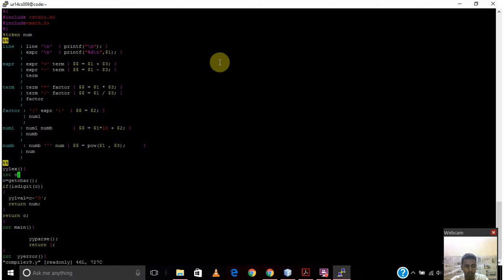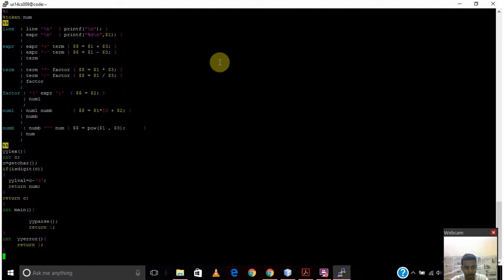Then I'll be using my yylex function. In this I'll be getting a getchar value, and I'll check if it is a digit, then yylval is equal to c minus '0', and I've written those numbers. In the main function I'll be calling my yyparse and returning 1, and for handling errors I have another function, yyerror, which returns 1.